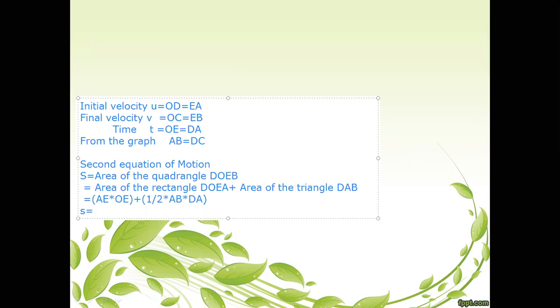What is this? UT plus half. We put in the half into AB into DA value equal to AT square. This is not a 2, AT square.